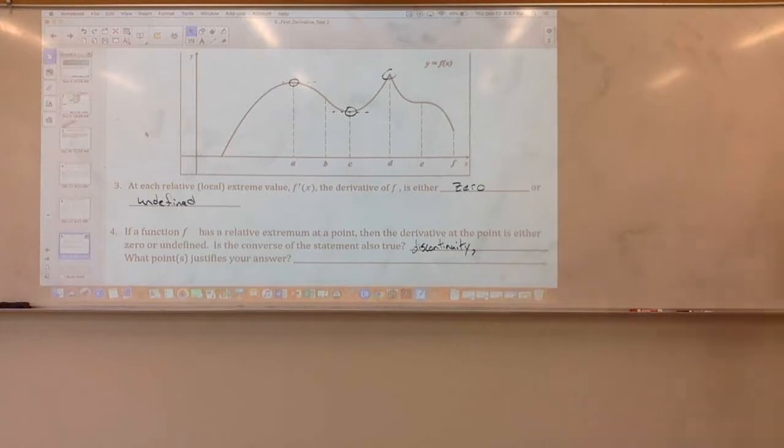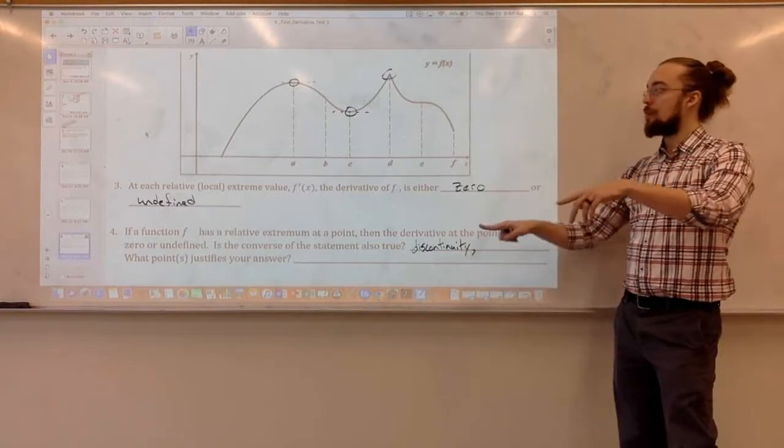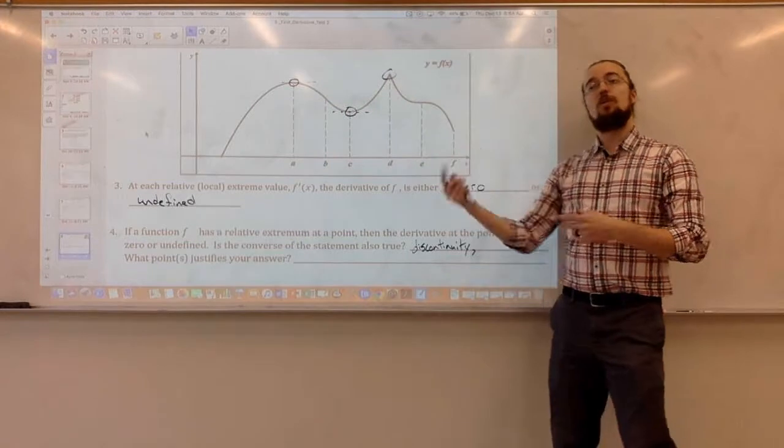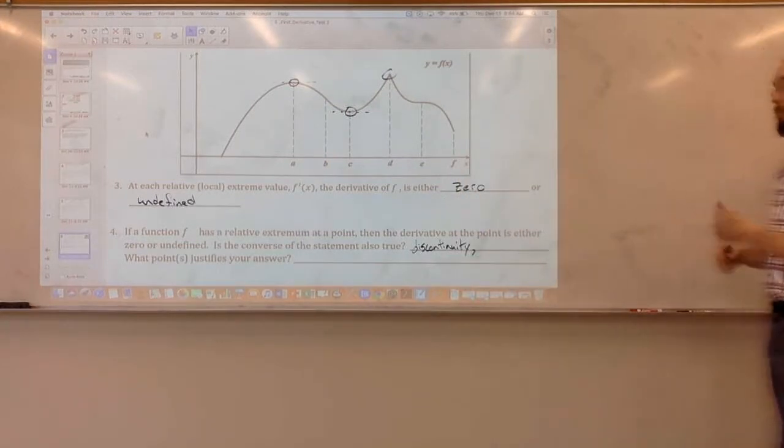There's another one though that I was thinking of that is evidenced in this graph. The hole would be the same as a discontinuity, but at the cusp we did have a local max. So what we're trying to find is a place where the derivative either equals 0 or is undefined, but there isn't a local min or a max.